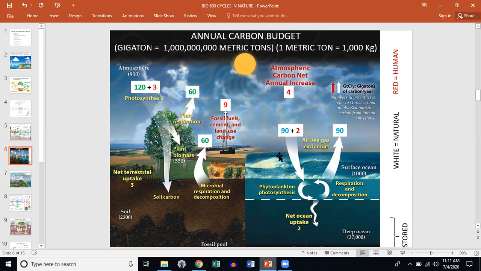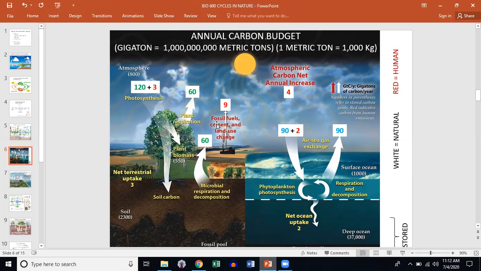However, when we add the human species on top of the surface of the Earth and we add the industrialization that has been going on, like I say, mostly since the Industrial Revolution, close to 300 years ago now, what happens is that we are producing an extra 9 gigatons. Not a big deal when you compare it to the other numbers.